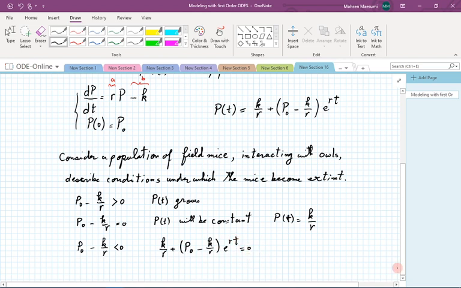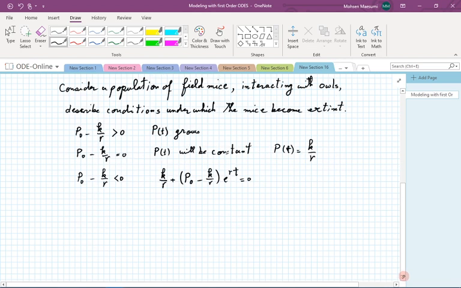So what could be expected out of this? We want to find time to extinction. Well, we have to rearrange this and calculate the t out of this.